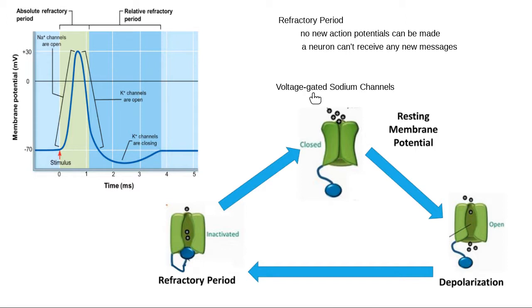The only reason we have a refractory period, or the type of channel that causes the refractory period, are voltage-gated sodium channels. Can you remind me in the chat, what's their job? What do they do when they're activated?